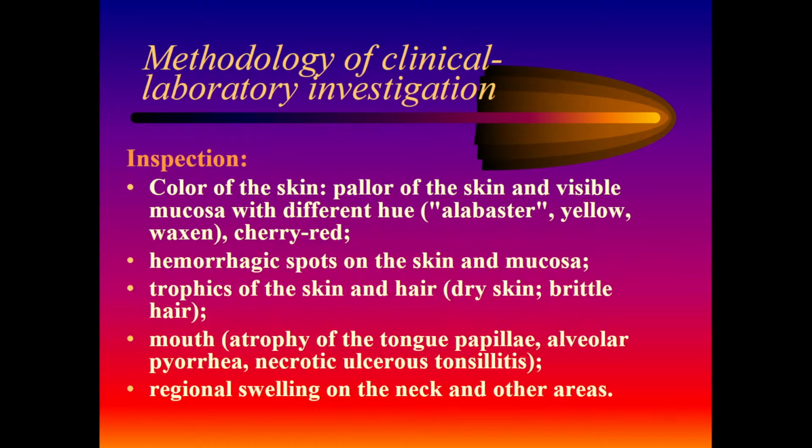During inspection, we can make and check a color of skin, pale of skin and visible mucus with different hue, alabaster, yellow, waxen, cherry red. It's a symptom of problems with the blood.